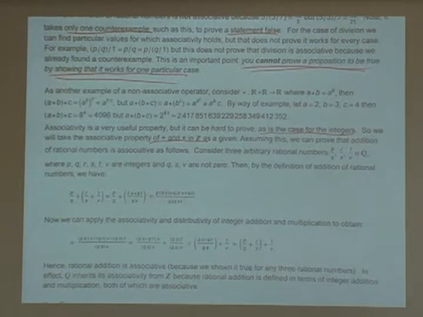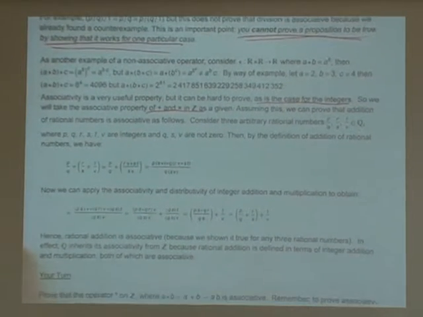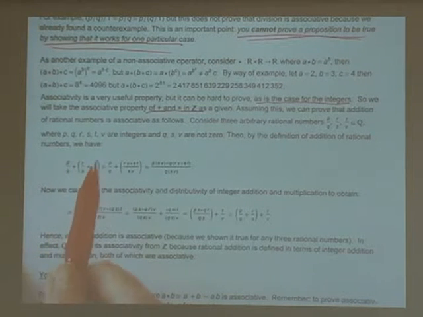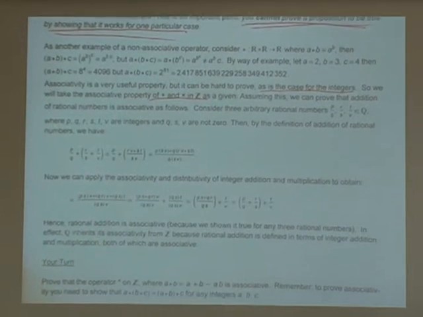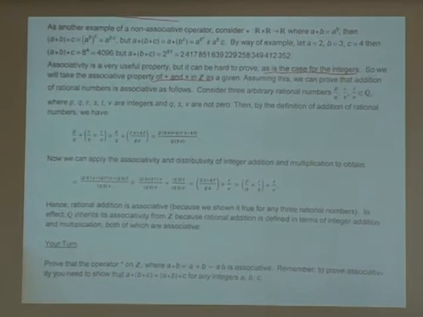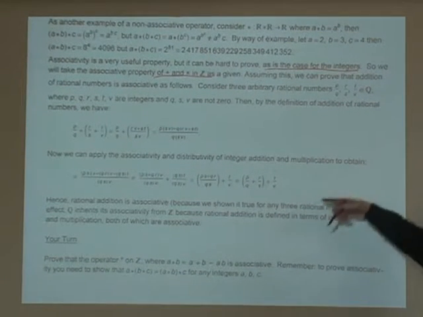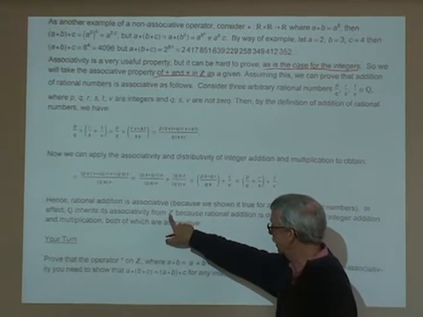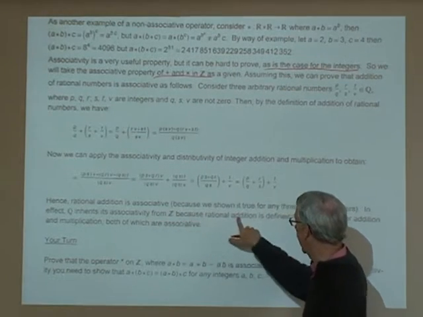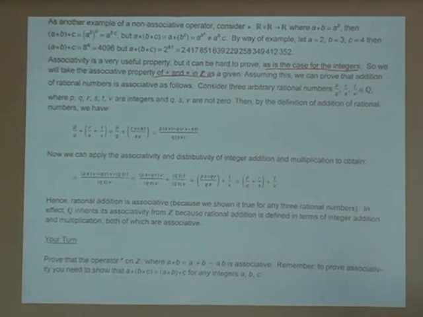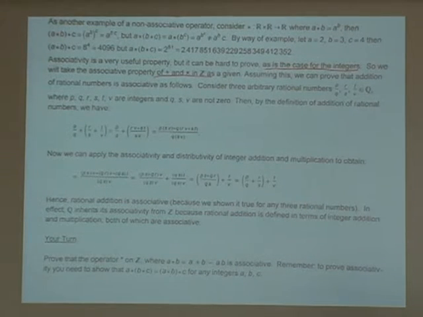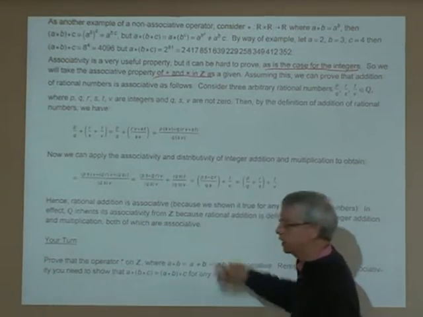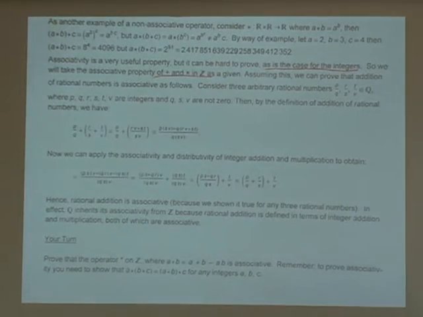If you've never done this, it's a worthwhile exercise to show that P over Q plus the quantity R over S plus that works. So we've shown here that it's true for any three rational numbers, basically inheriting associativity from Z, because rational addition is simply defined in terms of integer addition and multiplication, which we're assuming to be associative. Again, the game, right?